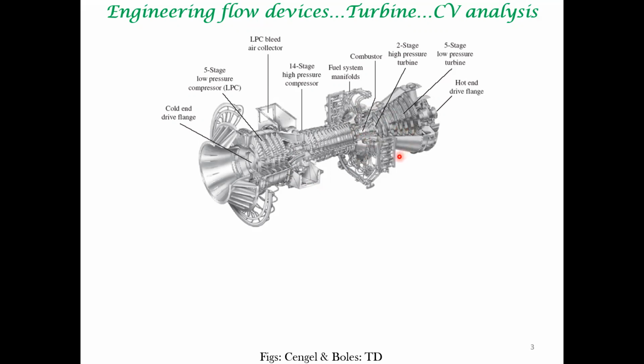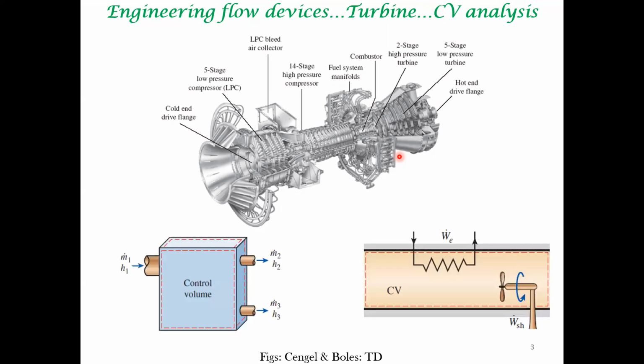So this looks rather complicated. But what is within the scope of this class is to analyze this in a comparatively simple manner, so that the essence of the physics is retained.